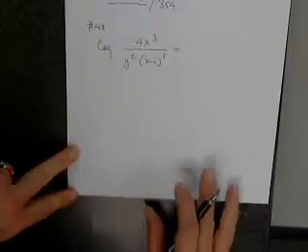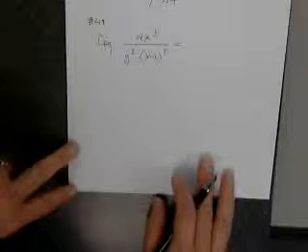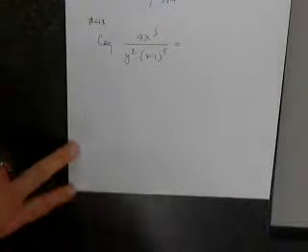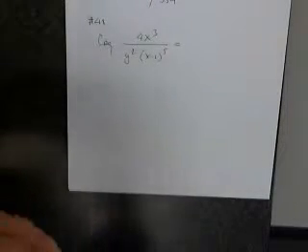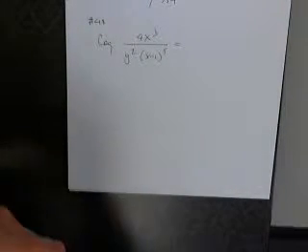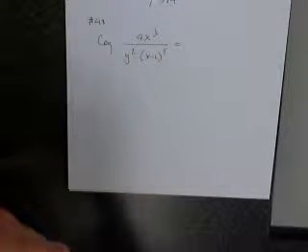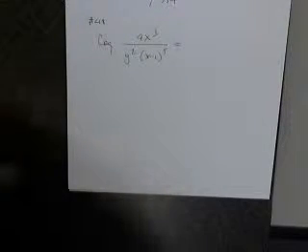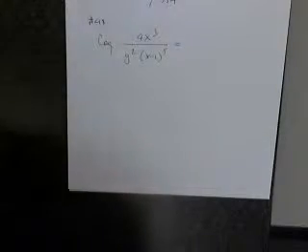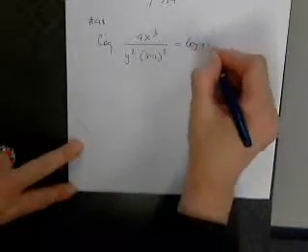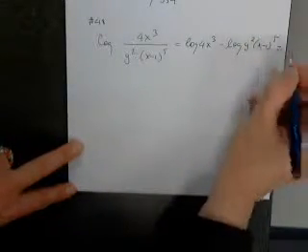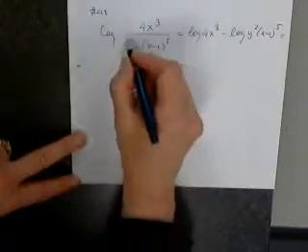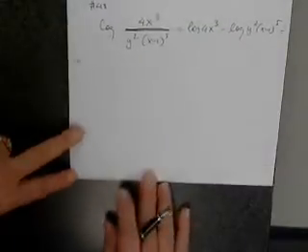Can anyone tell us what to do? There are 3 properties of log. How do I start? Very good. So log 4x cubed minus log y squared (x minus 1) to the 5th. Excellent. I applied the quotient property. Good.